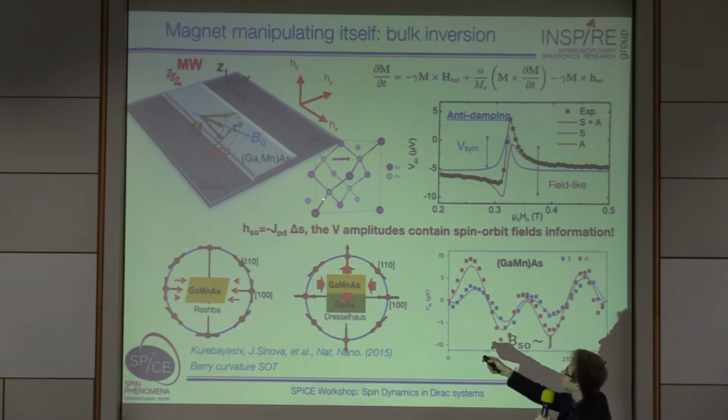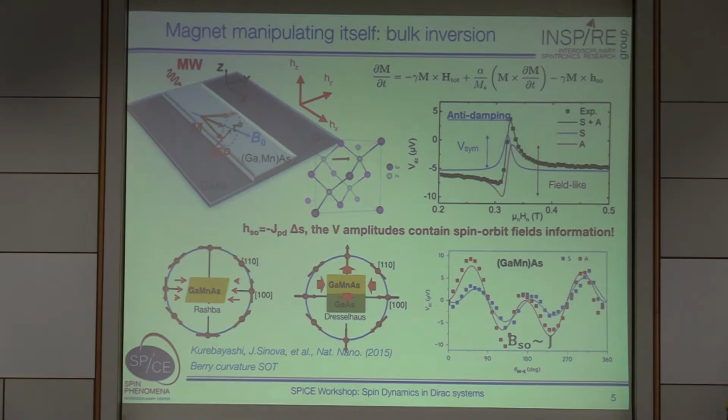When you have two different atoms, gallium and arsenic, you don't have it anymore. So when you run a current, you generate non-equilibrium polarization already in this single layer of gallium manganese arsenic. And then practically what you do is look at the DC voltage which is generated by the microwave, and then you can distinguish two contributions.